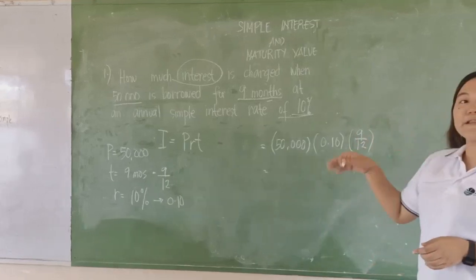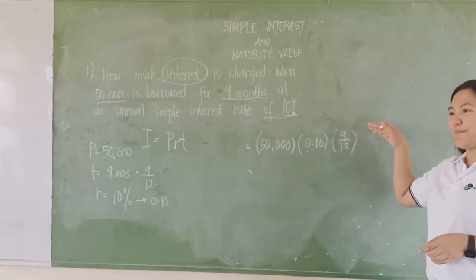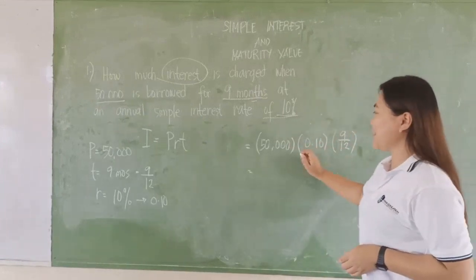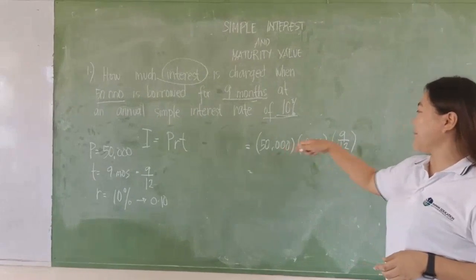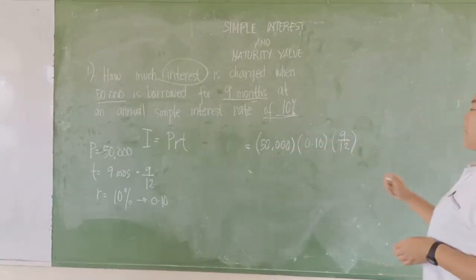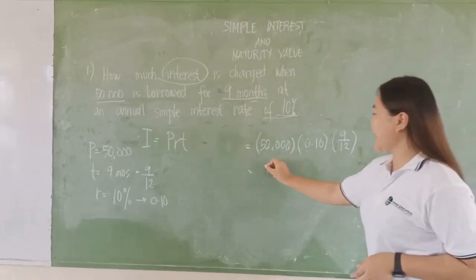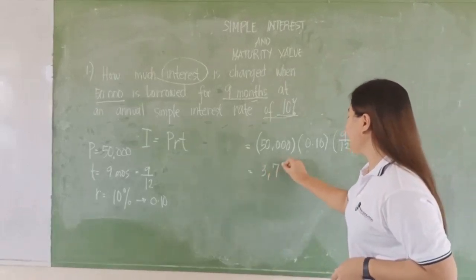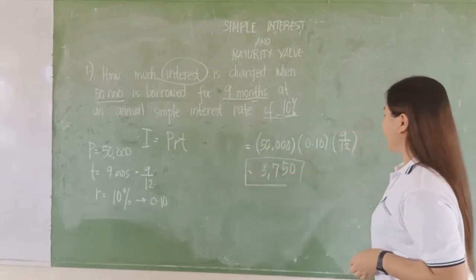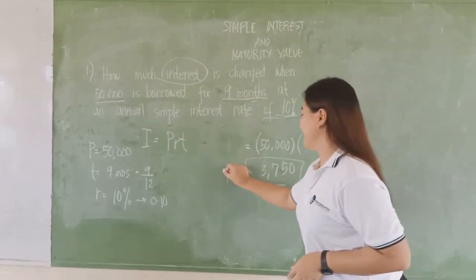So, kapag multiply tayo, unahin muna natin yung pinaka-dulo, yung fraction. And then, ayan, tuloy-tuloy na. So, 50,000 multiplied by 0.10 multiplied by 9/12 is 3,750. So, meaning to say, ito na yung ating interest.